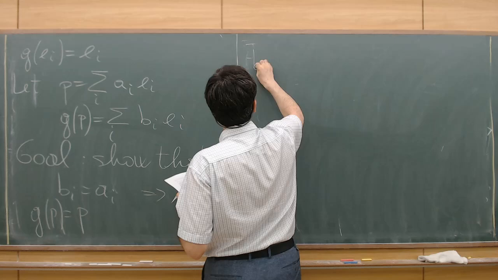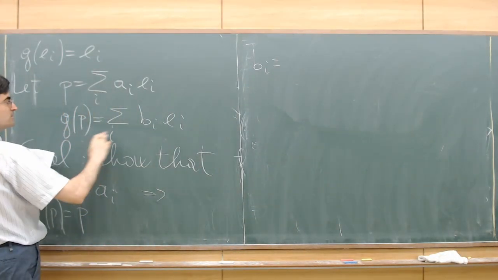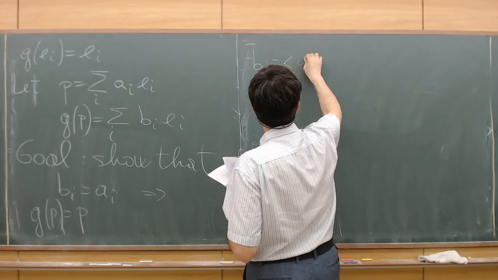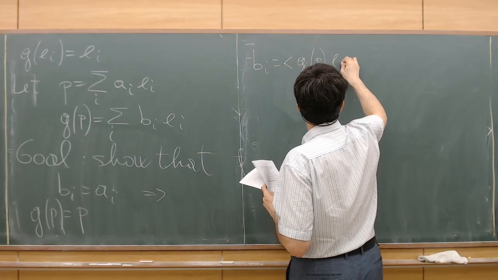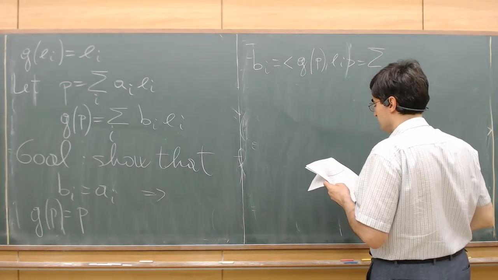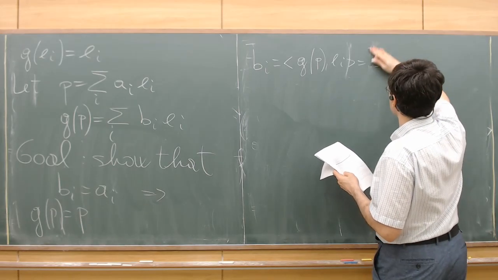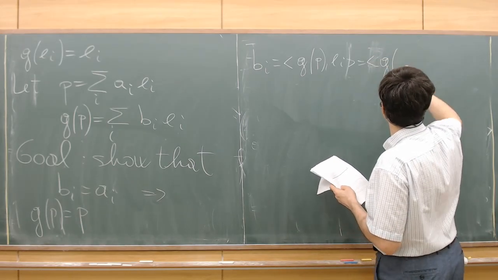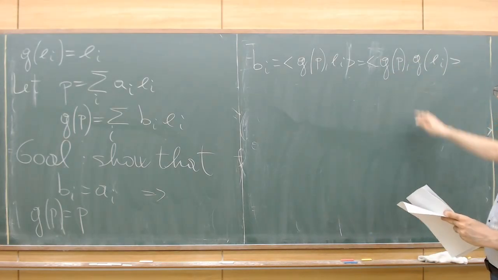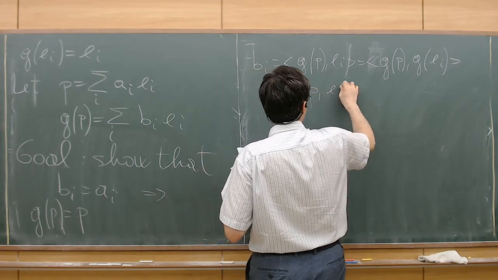So what is Bi? Bi can be obtained from this formula, multiplying both sides by Ei. So Bi is G of P inner product with Ei. No, sorry, I forgot something. This is G of P with G of Ei, but G preserves inner products, so this is P with Ei.